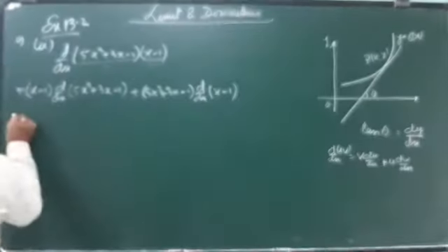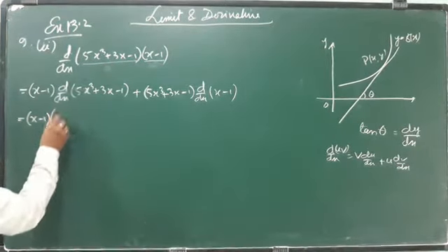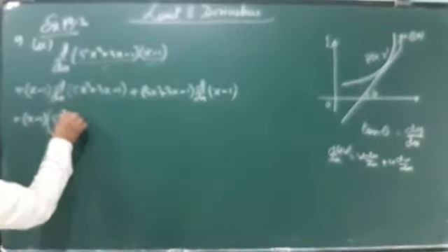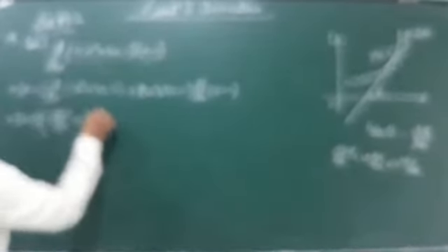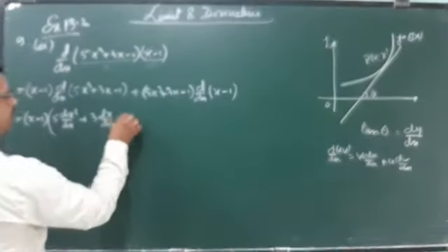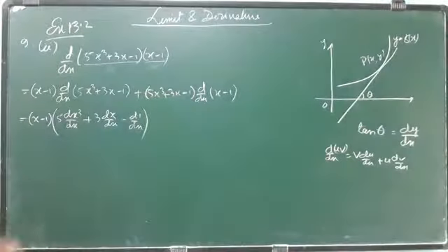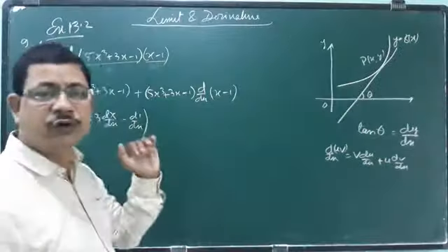So then what to do? Our d/dx will go to the individual terms, constants will come out: 5 d/dx of x cubed plus 5 d/dx of x minus d/dx of 1, and then d/dx of x minus d/dx of 1. It is the rule of the derivative that derivative can enter inside a polynomial, so I have written like that.